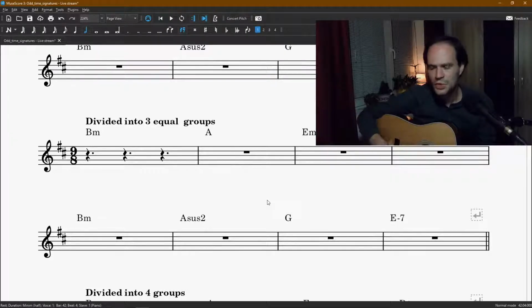In classical music, this has been used quite a lot.